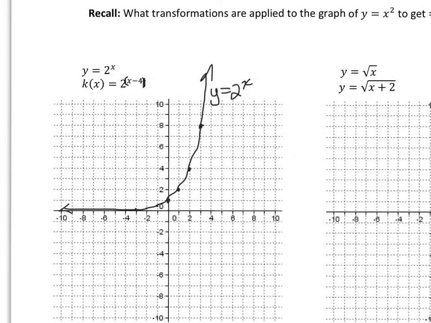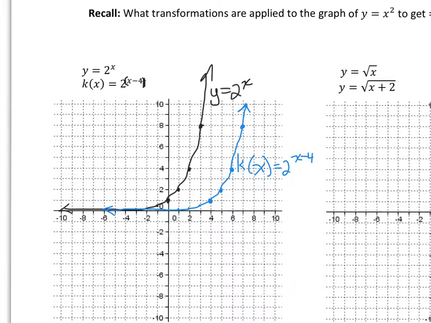What we have been doing up to this point is moving the graph vertically, so that would have been represented by y equals 2 to the exponent x minus 4. That would map the graph down 4 units. But because the minus 4 is up here in the exponent, it actually means that this is now going to be a horizontal translation. And so we're going to translate the entire graph to the right 4 units.